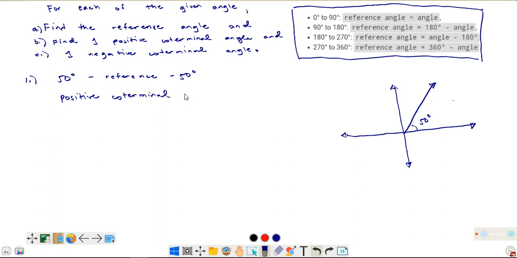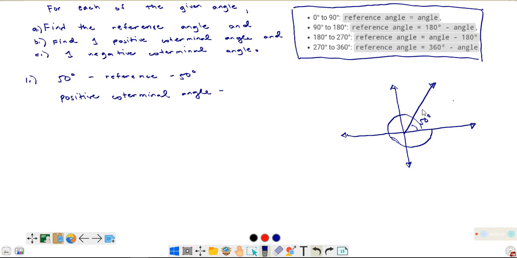We have to find a positive coterminal angle dito sa given natin na angle 50. So for us to find an angle coterminal with this na positive, dapat ang ating rotation ay counterclockwise. So this is 360.